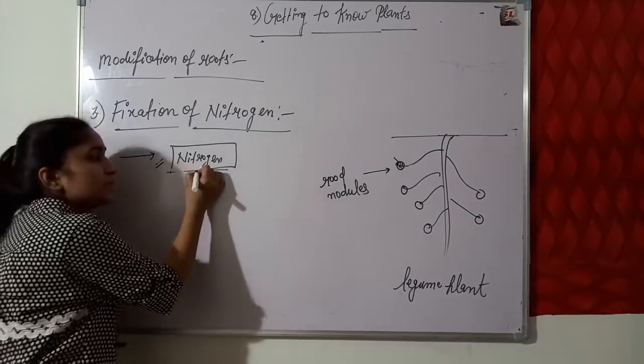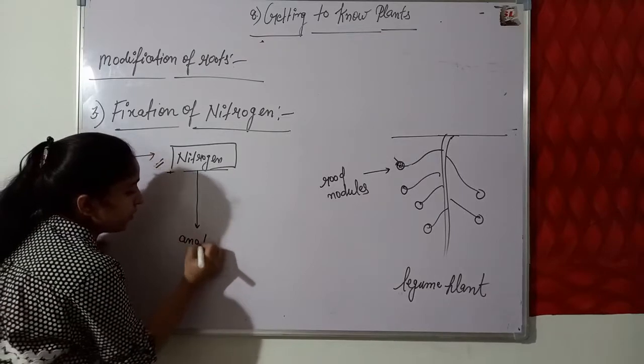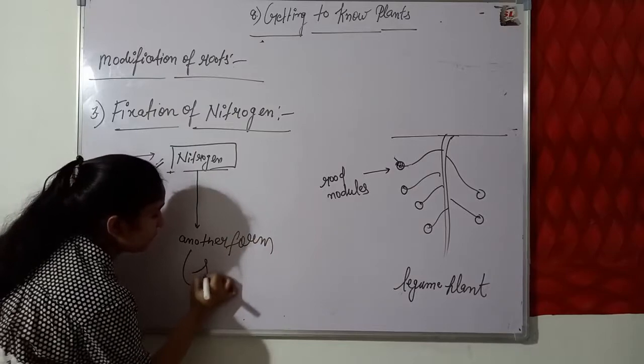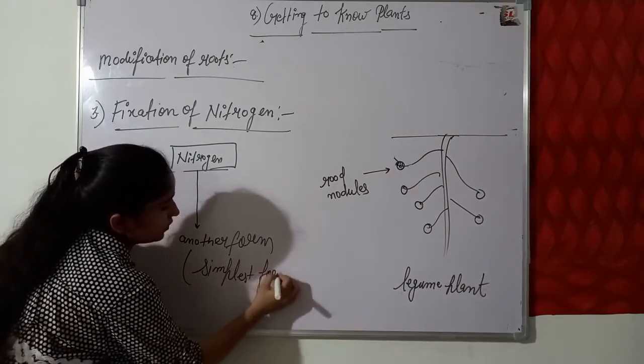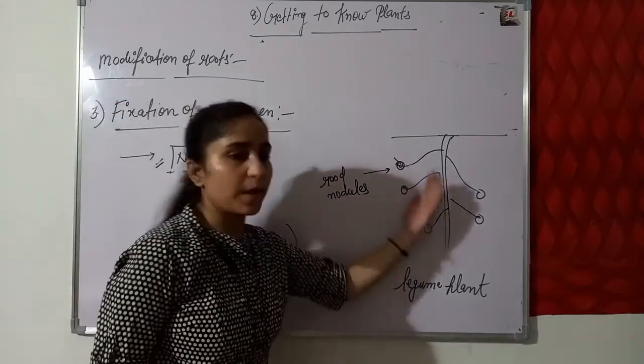So firstly this nitrogen is converted into another form, or we can say into the simplest form, and this simplest form can be utilized by plants.